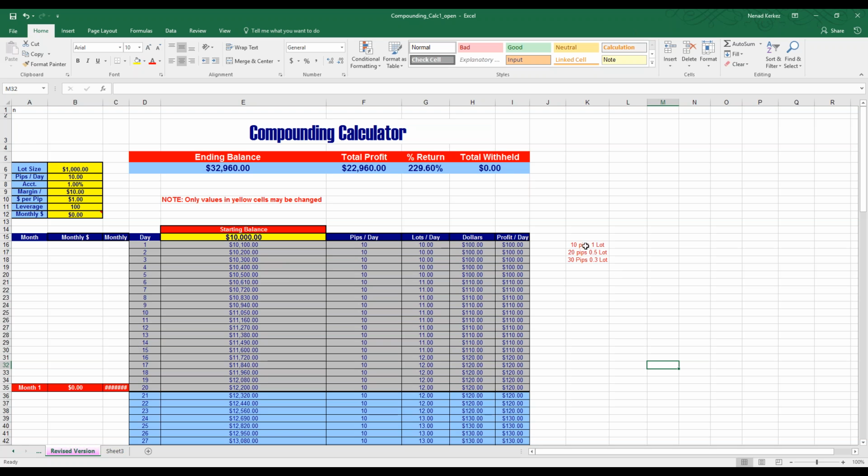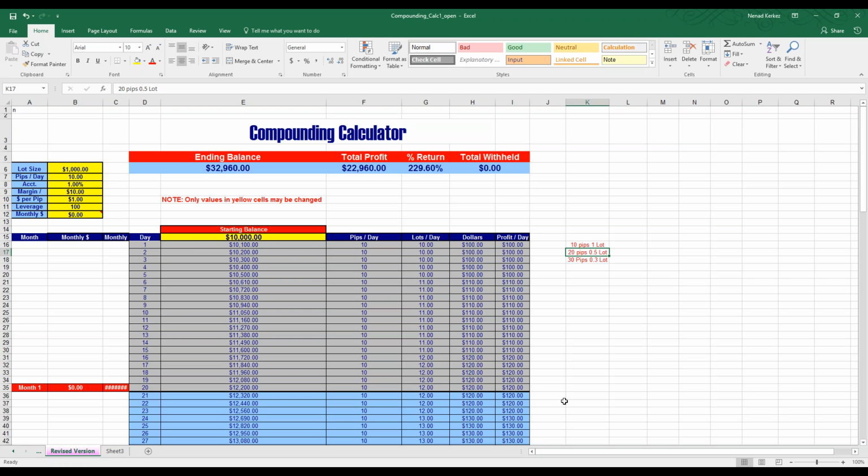If you don't want to use 10 pips with one lot, you can use 20 pips with 0.5 lot. You can use even 30 pips with 0.3 lots. So if you're an intraday trader and you have a good strategy, you don't want to risk big, use 0.3 lots. More or less, this should be your result.